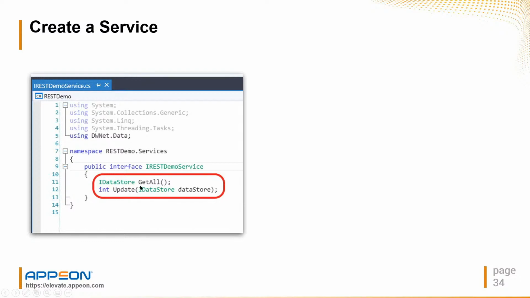So in this case, because I'm using a DataWindow, I'm going to take the approach where I'll be using the PowerBuilder specific JSON syntax. And I only really need two functions.